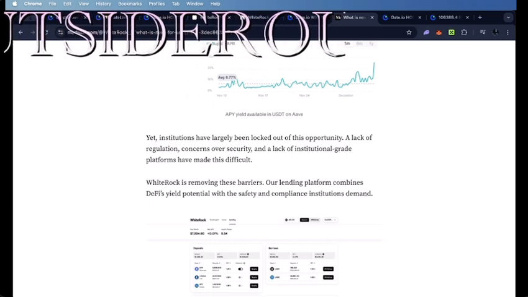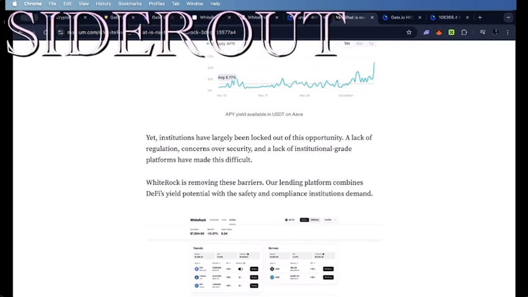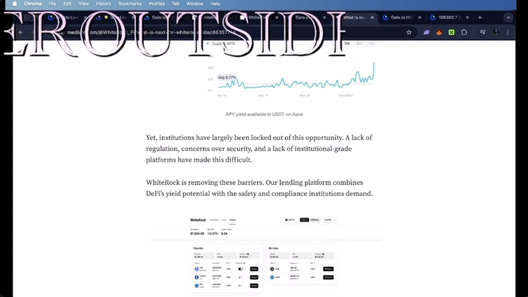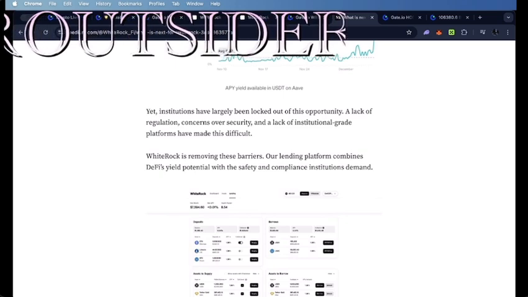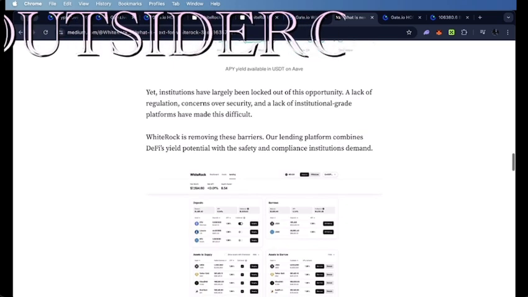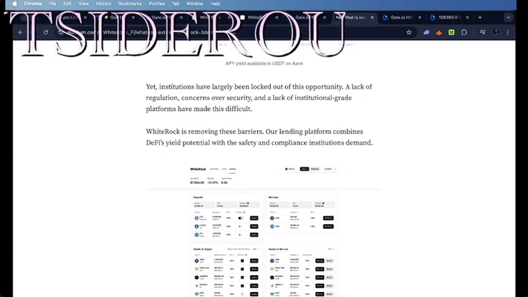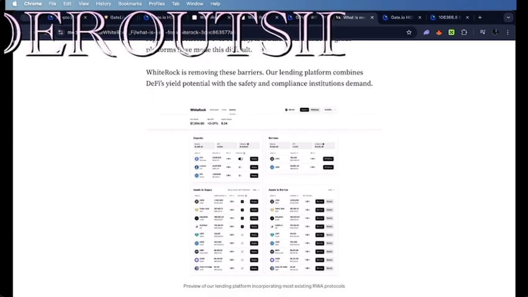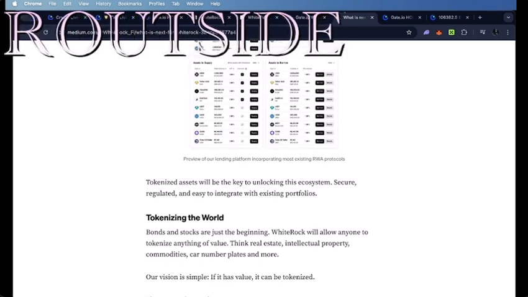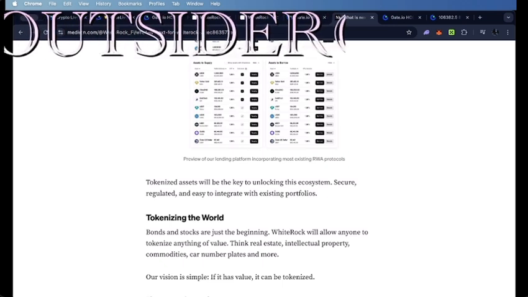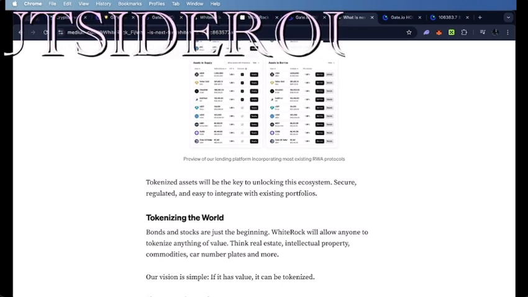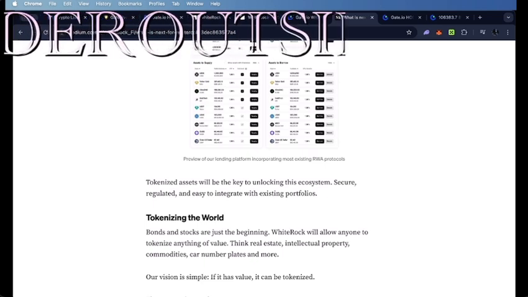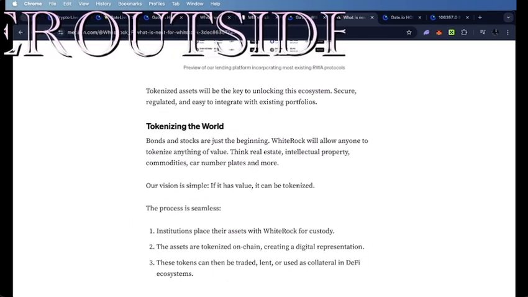A lack of regulation, concerns over security, and a lack of institutional-grade platforms have made this difficult. BlackRock is removing these barriers. Our lending platform combines DeFi yield potential with the safety and compliance institutions demand. Tokenized assets will be the key to unlocking this ecosystem. Secure, regulated, and easy to integrate with existing portfolios.